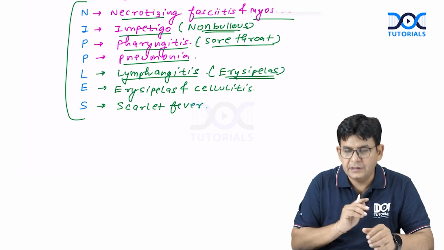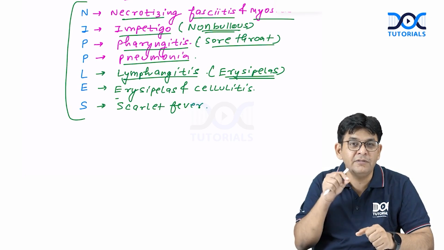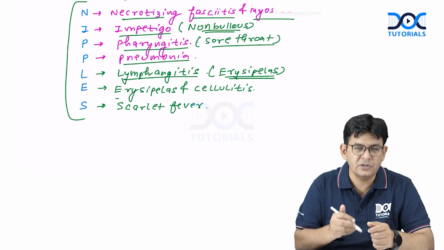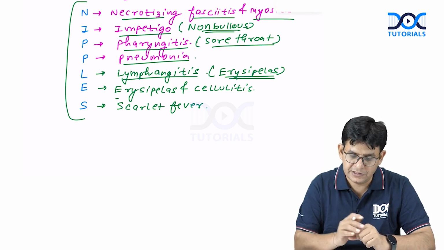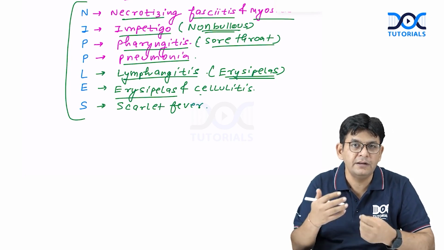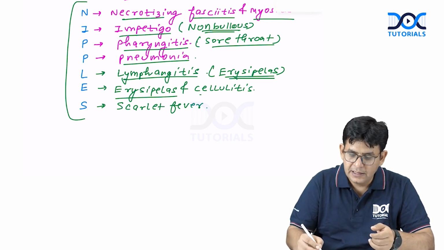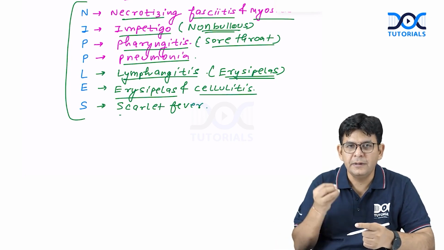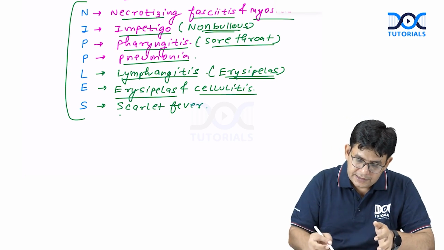So this red colored streak along with the lymphatic involvement is what is termed as lymphangitis, and that is also done by Streptococcus pyogenes. This I already told you. A pus condition along with lymphatic involvement, erysipelas and cellulitis, the same one, that is a pyogenic condition. Scarlet fever.